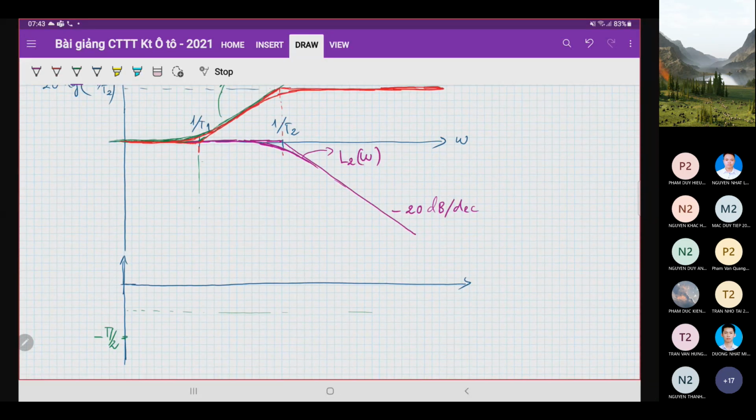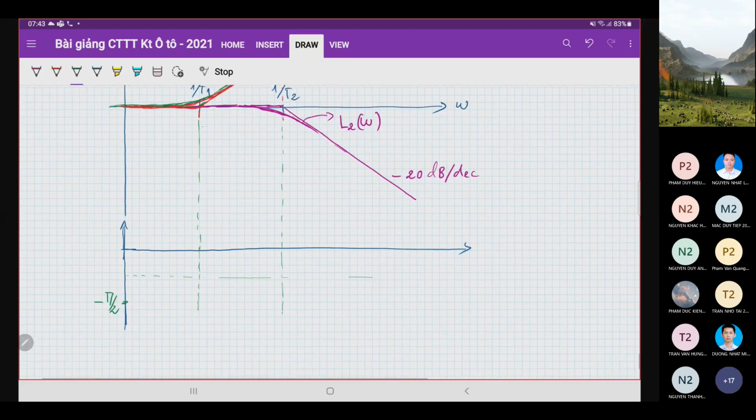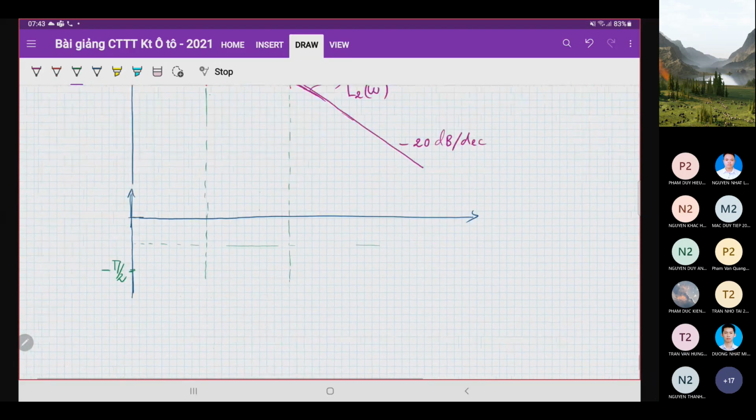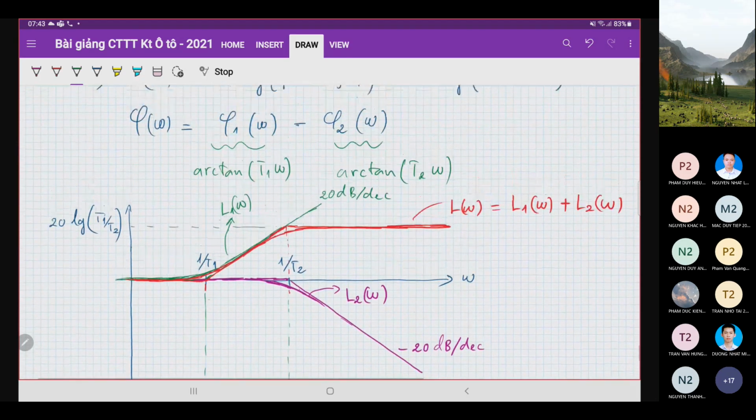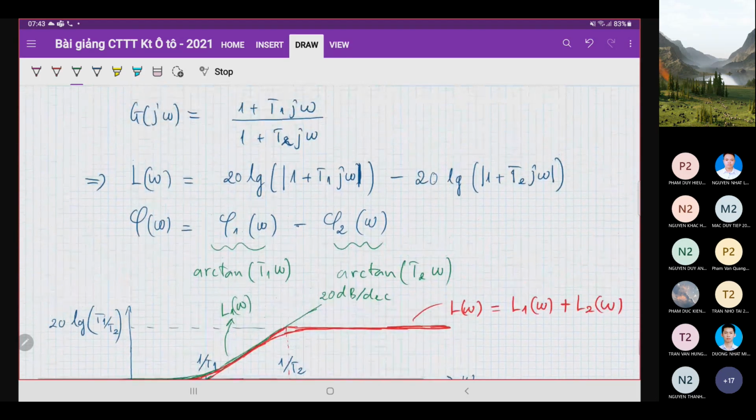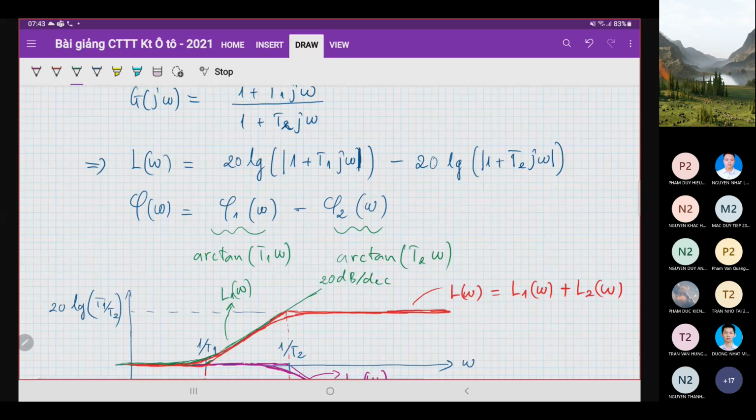Here we have the frequency, and we also have the frequency here. The first one is going to come from here, because phi 1 is arctan of T1 omega.